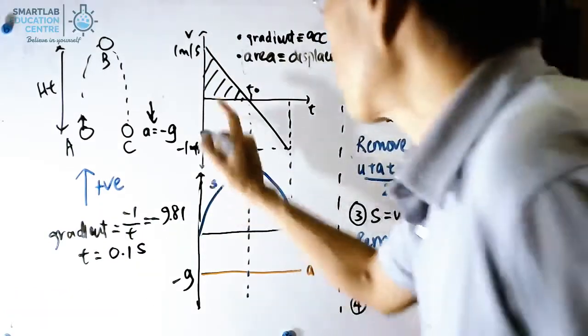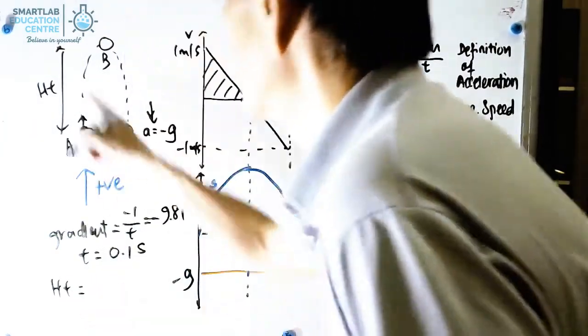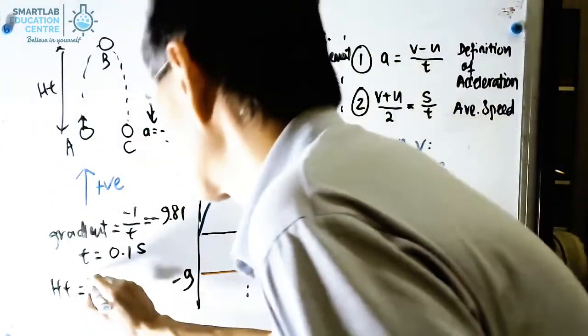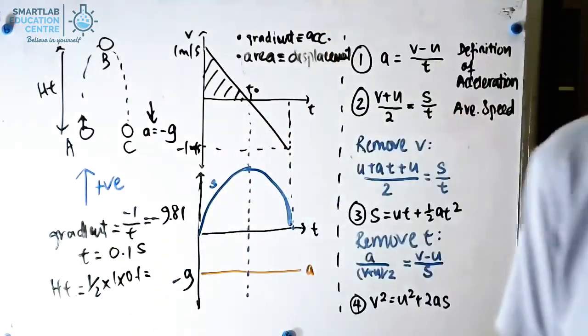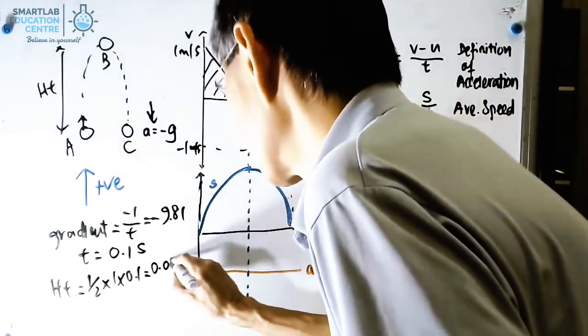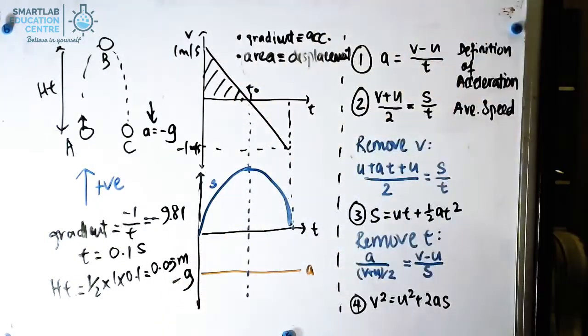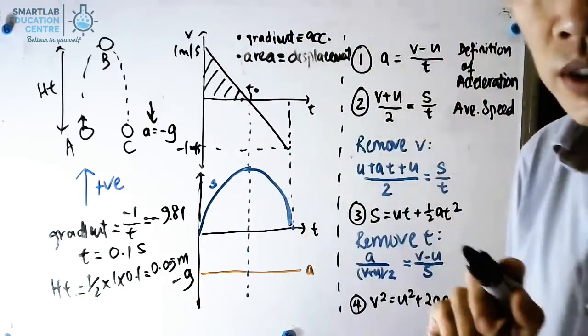So the displacement, or the area under the graph, and therefore the height here, would be half times 1 times 0.1, and that we will get 0.05 meter. So in this area here, this is 0.05, so it's positive in value.